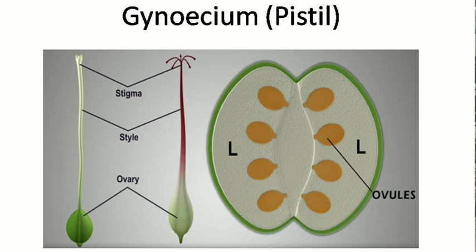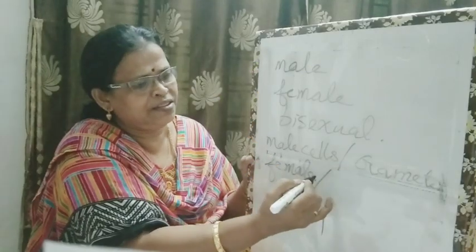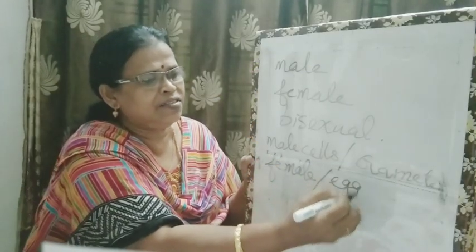So what is present in the ovary? Ovule. Inside the ovule, the egg cell is present, and that is called the female gamete.